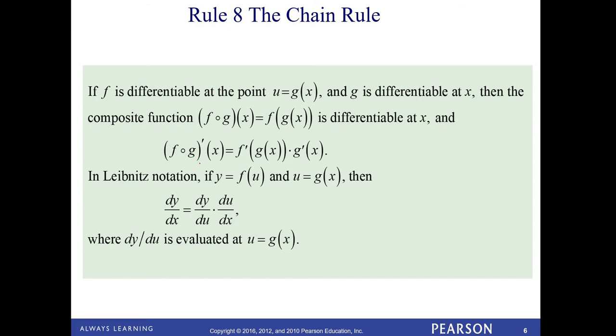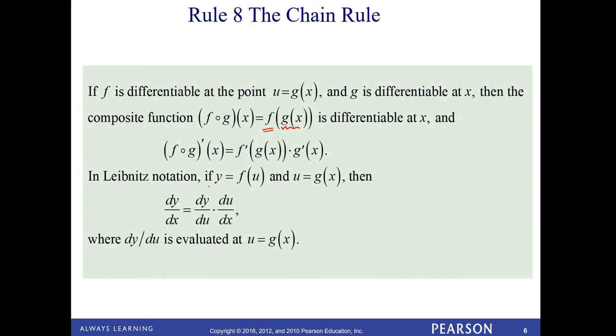And the derivative of f of g of x is f prime of g of x times g prime of x. So we're taking the derivative of f at g of x and then the derivative of g of x. So it's important to know what your inside function is, in this case g of x, and what your outside function is, in this case f.